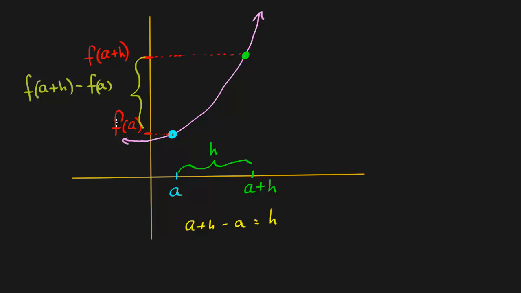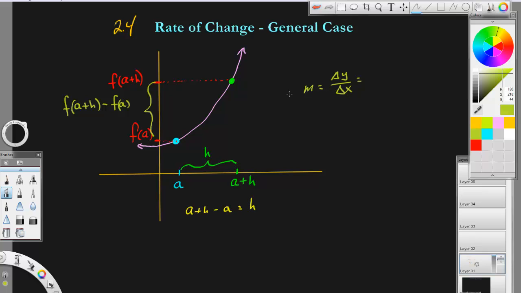Now, if we're figuring out what the slope is, that's, of course, the change in y over the change in x. Normally, that would be y2 minus y1 divided by x2 minus x1, just like yesterday. But in this case, it's going to be the difference in y values, which is this minus that.